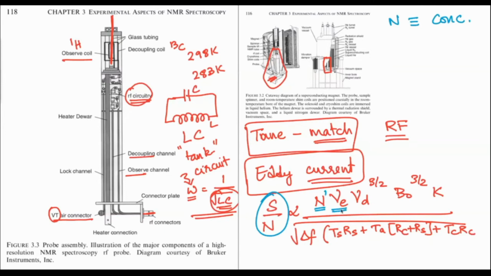It also depends upon the gyromagnetic ratio of the excited nucleus. For instance, in a simple proton one-dimensional NMR experiment, you're exciting the proton nucleus, and therefore you go with gamma e power 1. And gamma d stands for the gyromagnetic ratio of the detected nucleus, so it goes with gamma d power 3 by 2.